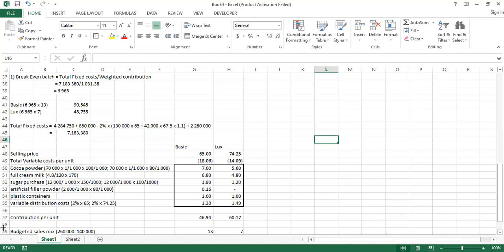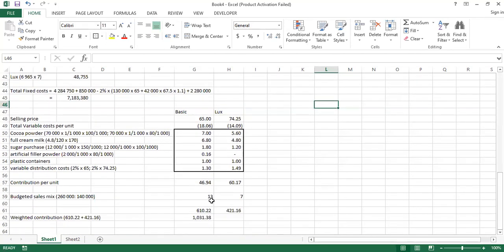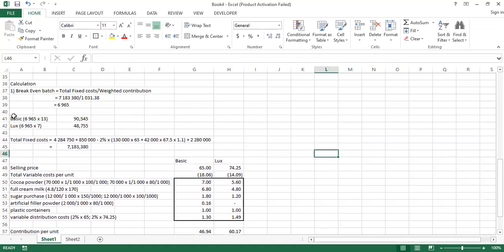Then, are you going to deduct that to get to your contribution? We are checking that principle there. Ours was deducted there. And then your sales mix again: what are you doing there with your sales mix? That's what we want to see. Then you get your weighted contribution and then division. And obviously your conclusion right there is also going to be important.